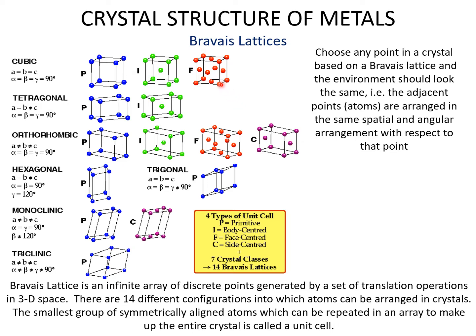You should have another atom a certain distance away in one direction, and a certain distance away in another direction. That would be the same whether you take one of the corners of the cell, or one of the atoms at the face center.